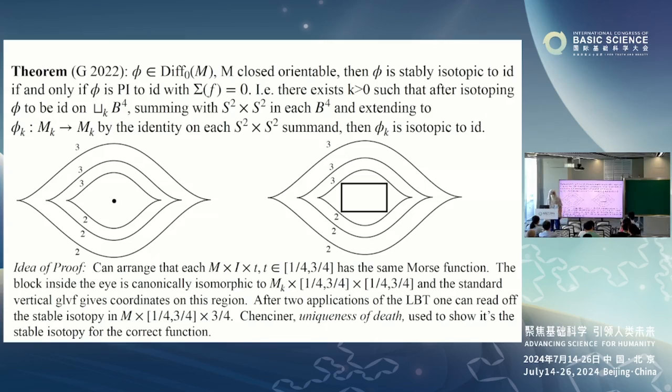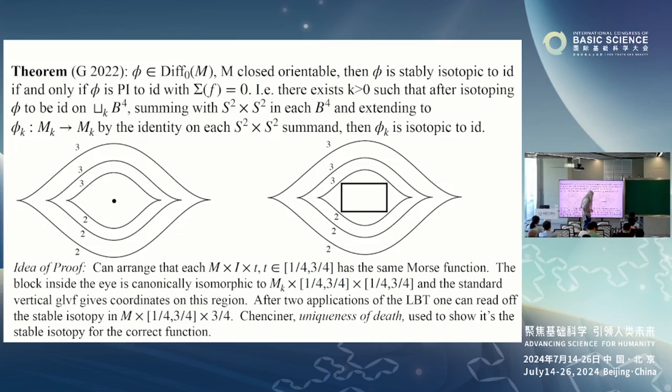And so let me just say this, which uses more than a little bit of technique from David Gabai in this theorem I just mentioned. You can arrange this picture so that we go from this spot to this spot, all these one-parameter families of Morse functions. It's the same exact Morse function.